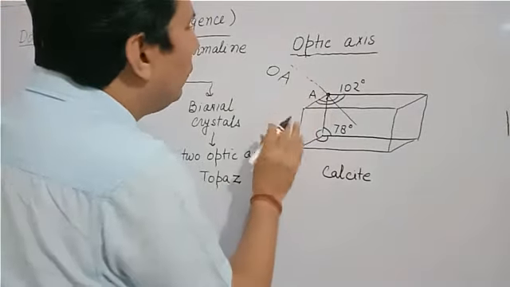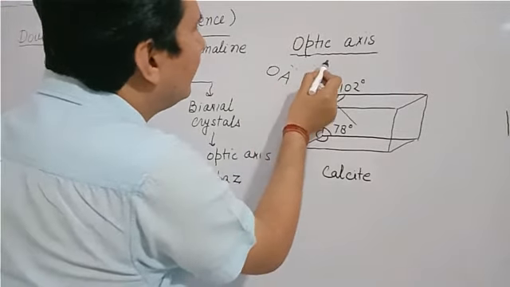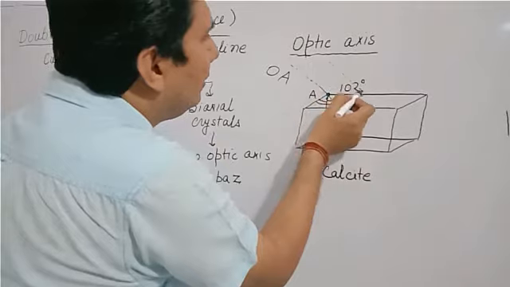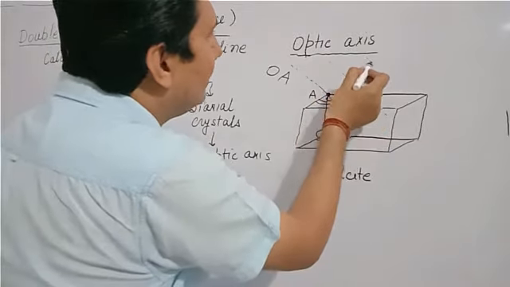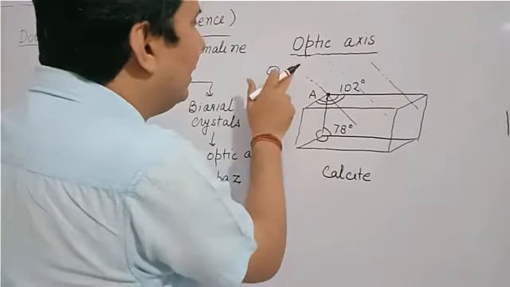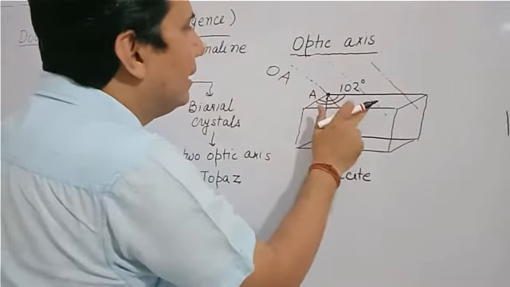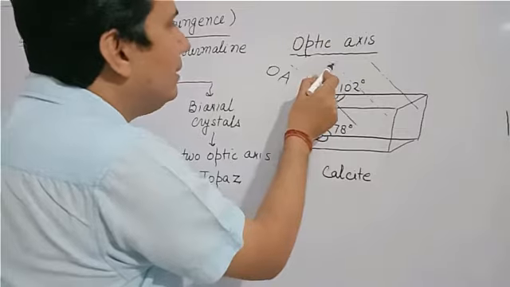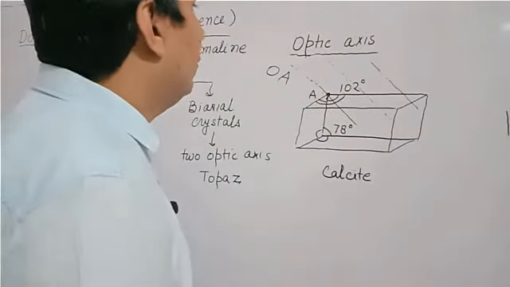Now, another important thing about this optic axis is if we draw these two parallel lines, one line is this and another line is this. If we draw two parallel lines parallel to this optic axis, then you will find out that these two lines, they also act as optic axis.